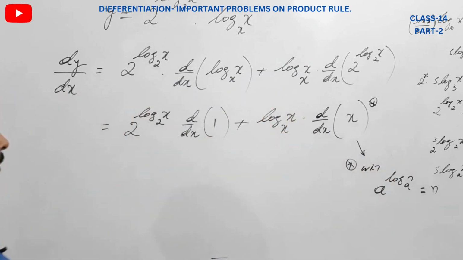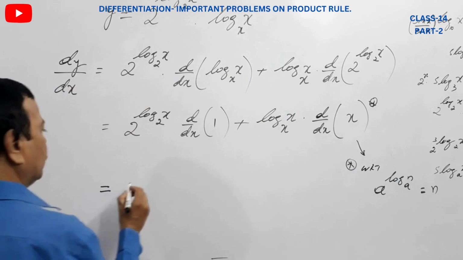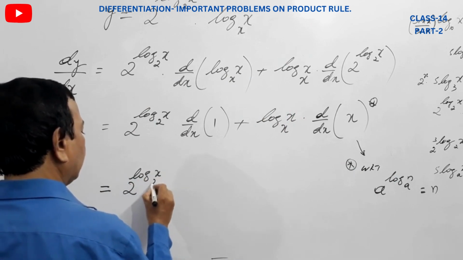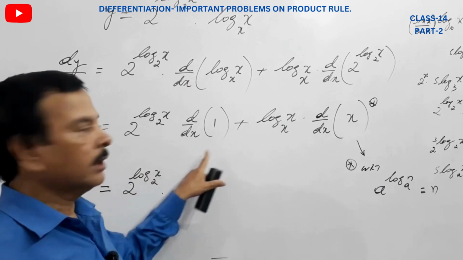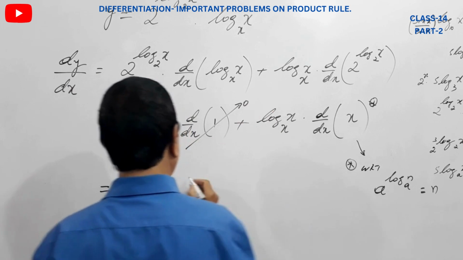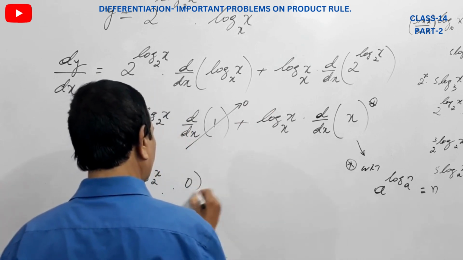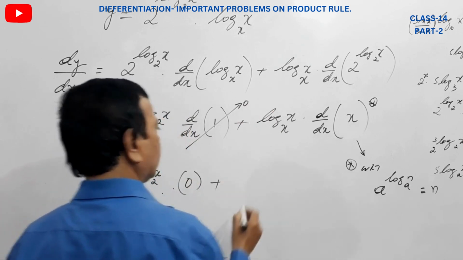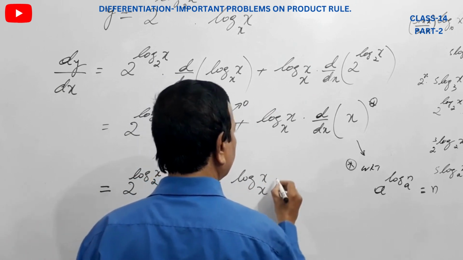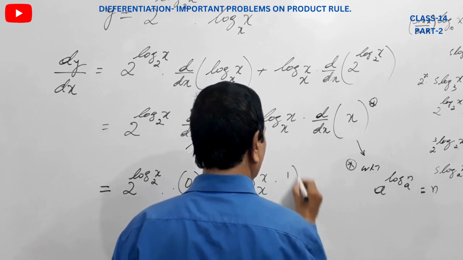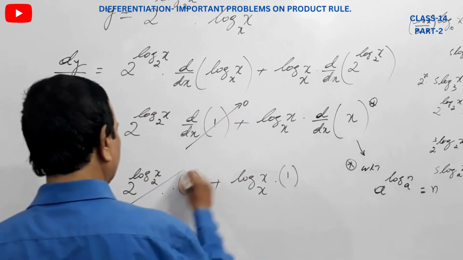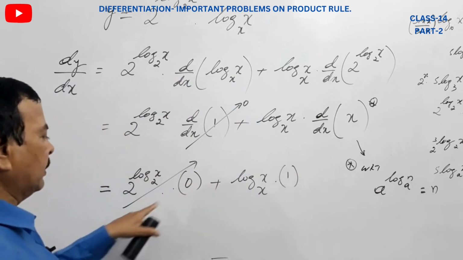So this is equal to 2 to the power of log x to base 2, d by dx of a constant is 0, so this becomes 0 into 0, plus log x to base x, d by dx of x is 1. So this entire thing becomes again 0, because you multiply anything by 0, it's 0.